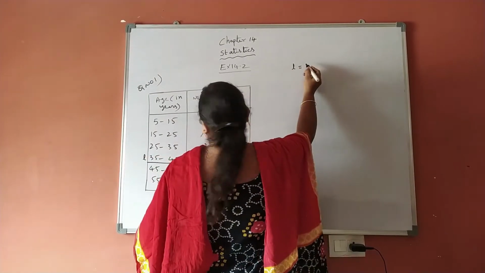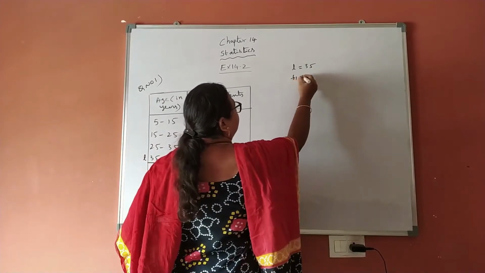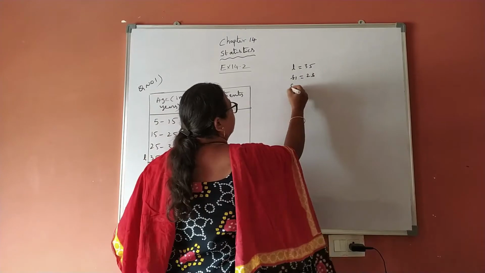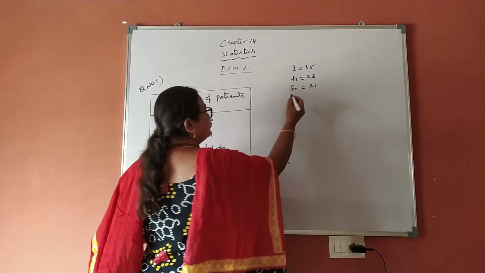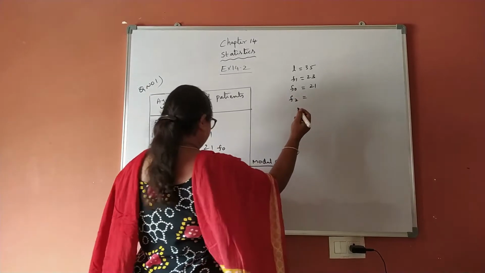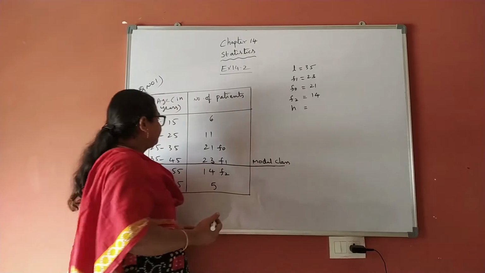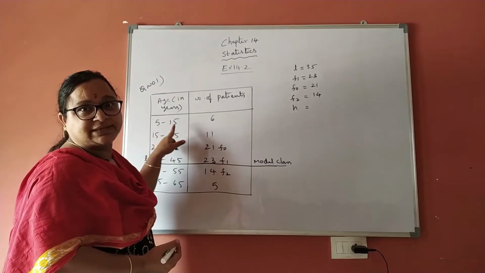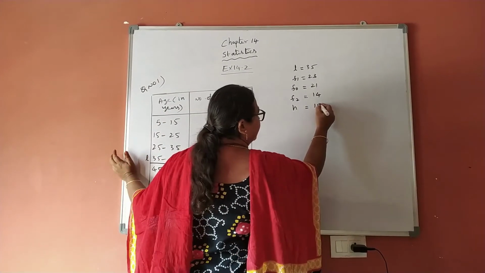Here L is equal to 35, F1 is equal to 23, F0 is equal to 21, F2 is equal to 14, and H is the class size. Class size is nothing but the difference of the upper class limit and lower class limit. So here it is 15 minus 5, that is 10.